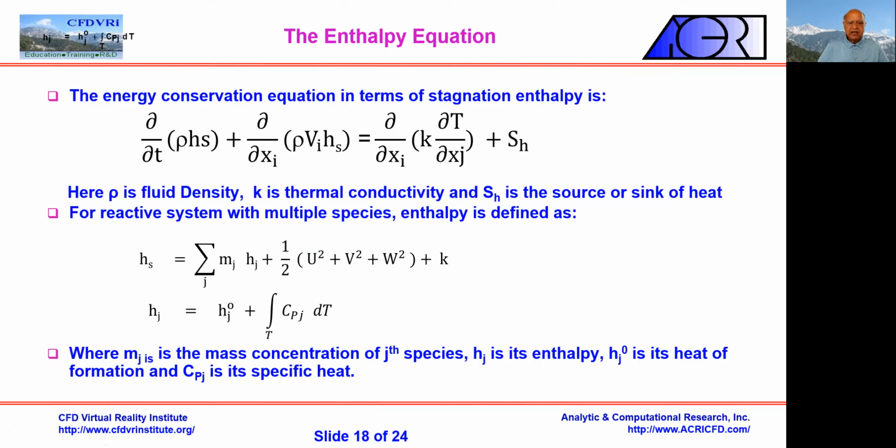So we have the mass fraction of each species multiplied by its enthalpy, plus, of course, the kinetic energy component. Now, the enthalpy of each component is given by the heat of formation, so that eliminates the latent heat, plus the integral of Cp with temperature. So this basically makes it a very simple equation.